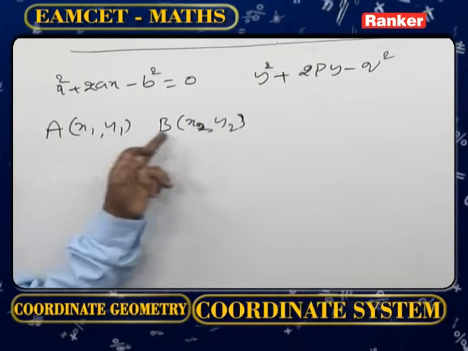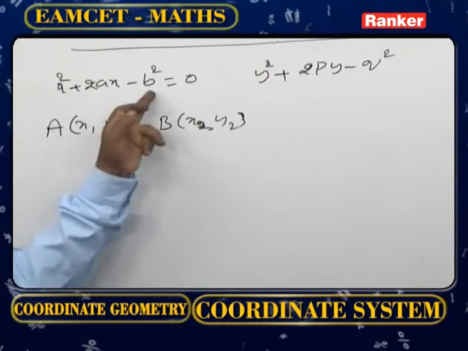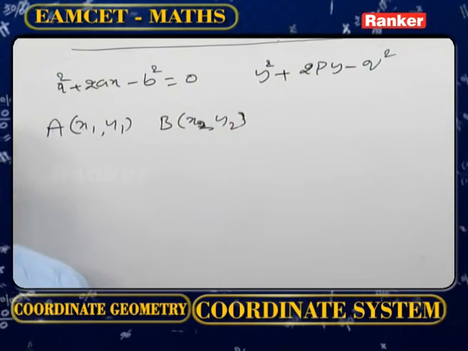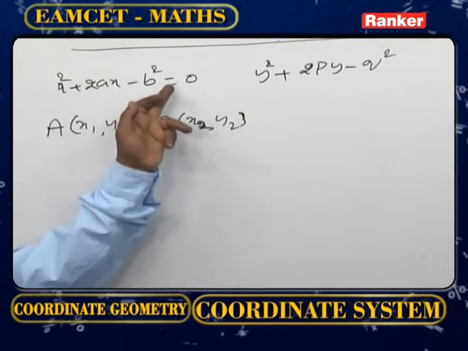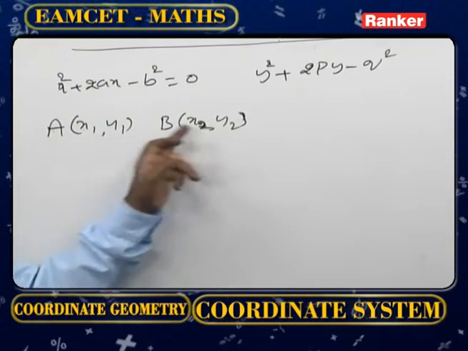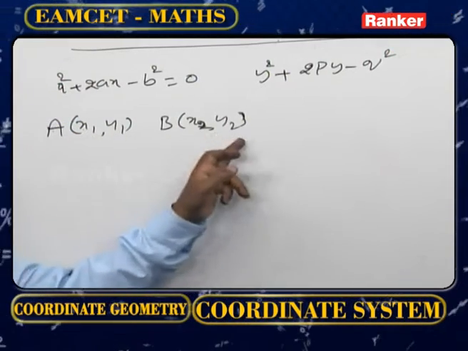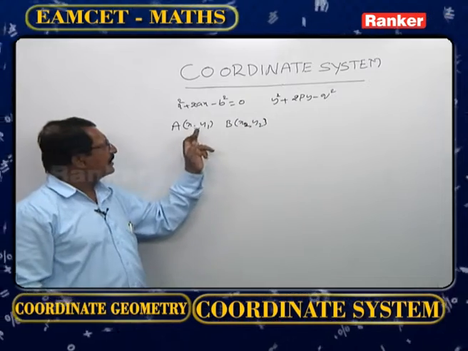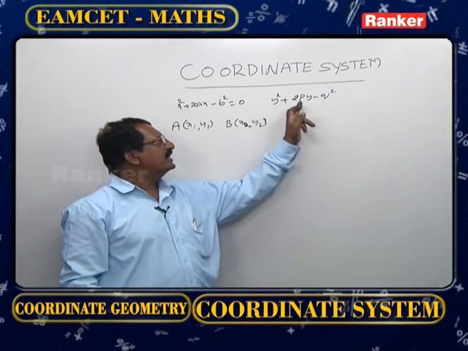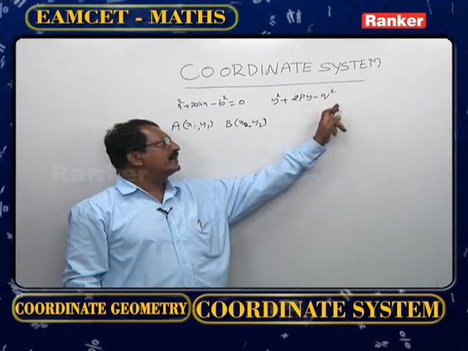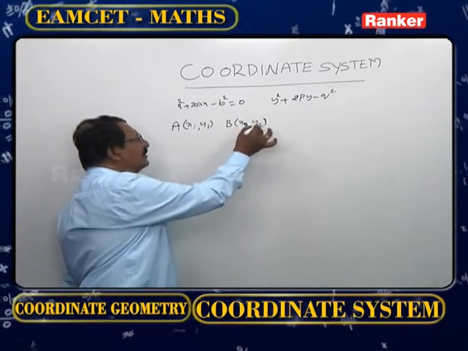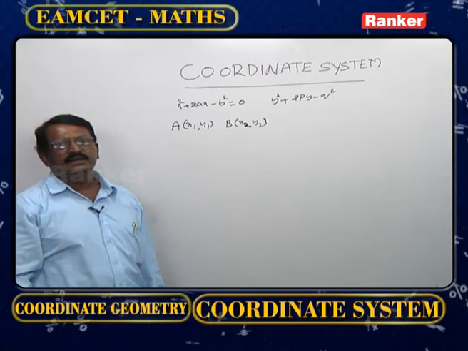Now x1 and x2 are roots of the first equation, x square plus 2ax minus b square equals 0. Similarly, the ordinates of the points A and B are y1 and y2. Now y1 and y2 are roots of the second equation, y square plus 2py minus q square equals 0.